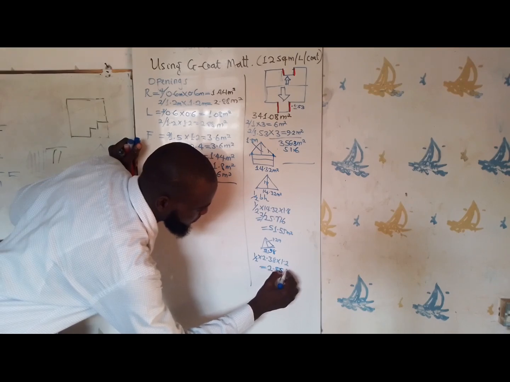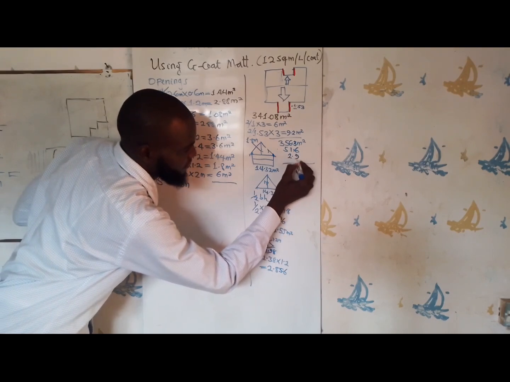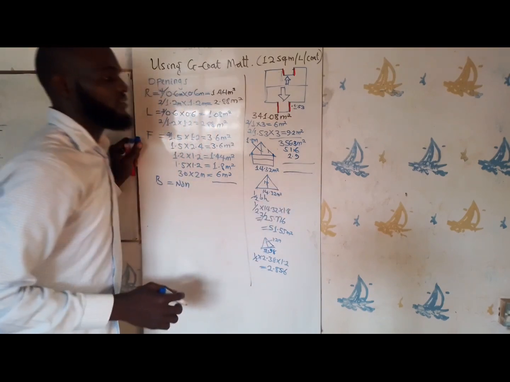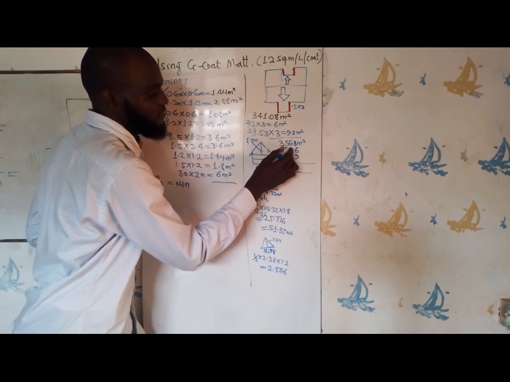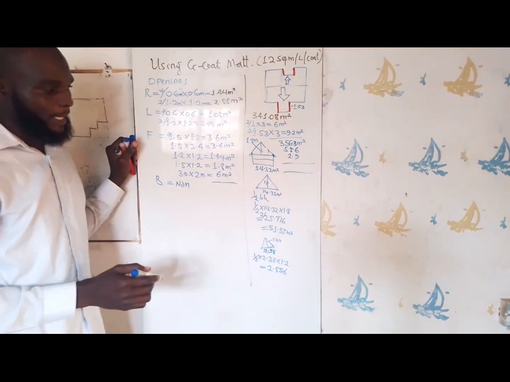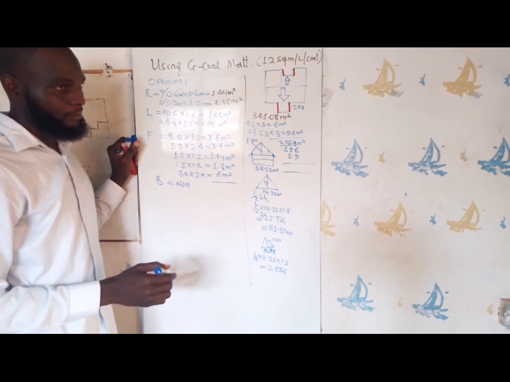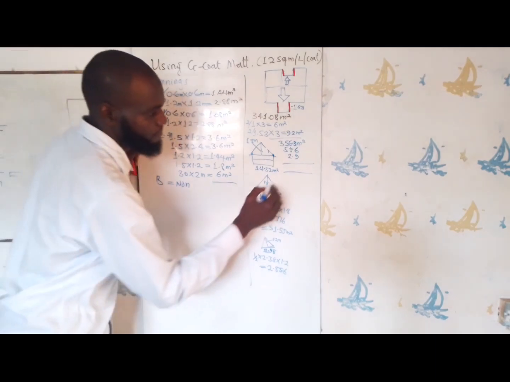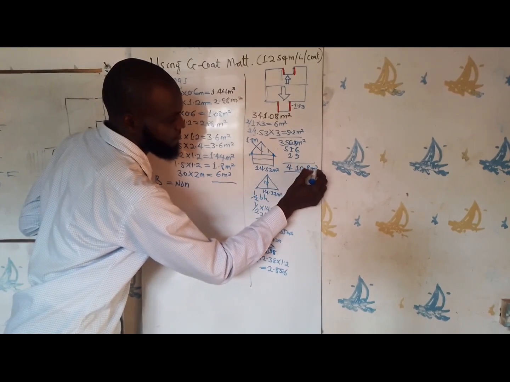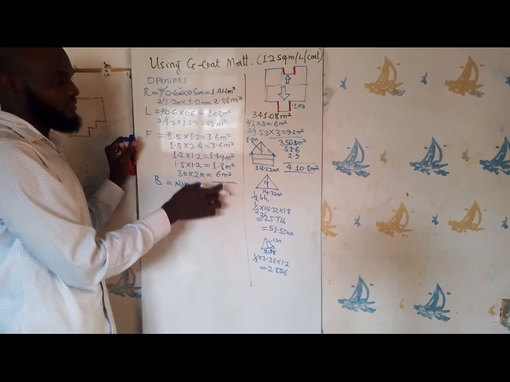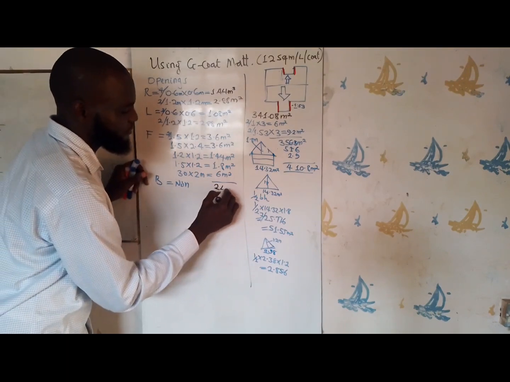So that is 2.9. So what will this give us? The addition of these three. This is 51. So now what is the addition of this? 24.72.